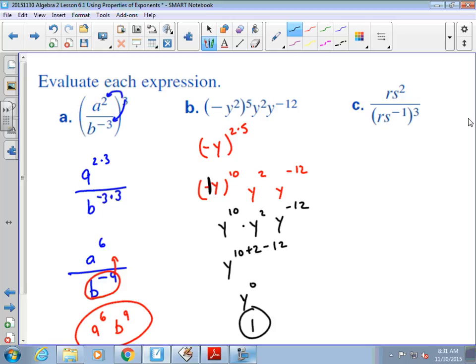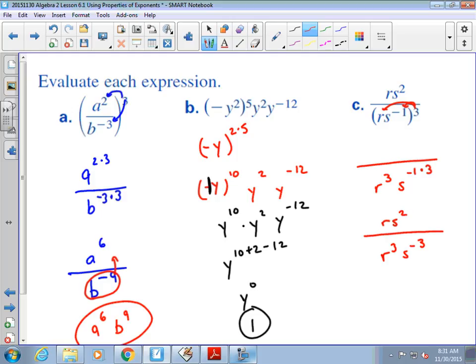Rs to the negative 1 to the third needs to be raised to the third power. That means this needs to be raised to the third power, so r to the third, and this needs to be raised to the third power, s to the negative 1 times 3, which at the bottom will give you r to the third, s to the negative third. At the top, we still have rs squared.